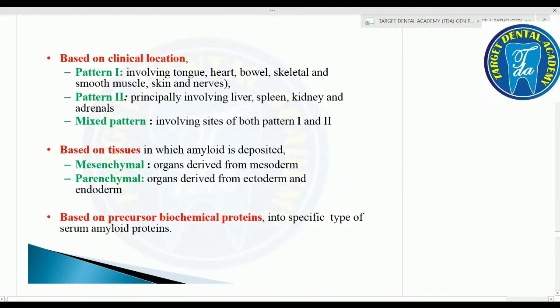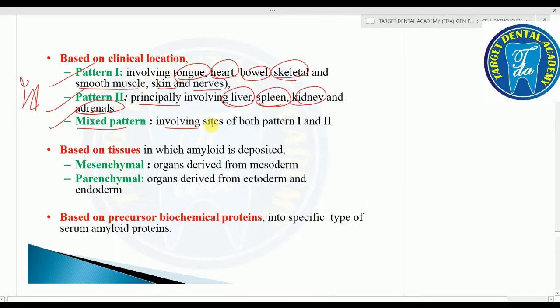Based on the clinical location, it can be of 3 patterns: pattern 1, pattern 2 and mixed pattern. Pattern 1, very important, involves the tongue, heart, bowel, skeletal and smooth muscle, skin and nerves, while pattern 2 principally involves the liver, spleen, kidney and adrenals, while the mixed pattern involves sites of both pattern 1 and pattern 2.